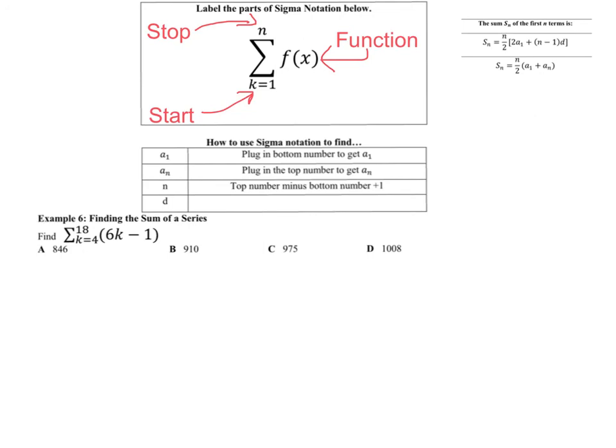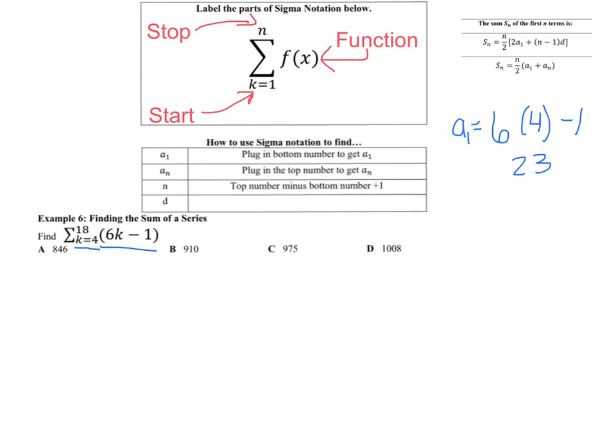Now this says I need to plug in the bottom number to get a sub 1. So to get a sub 1, I'm going to be taking my bottom number, which in this case, k is equal to 4 on the bottom. So I'm going to plug that into my function. So I'm going to have 6 times 4 minus 1. And that's going to give me 23.